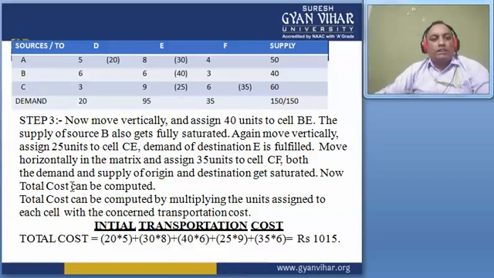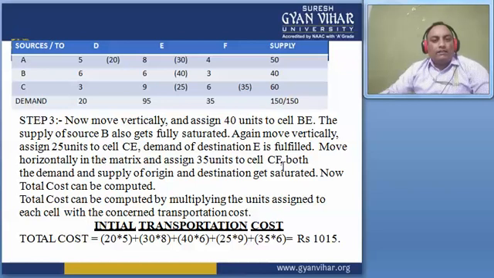Move horizontally in the matrix and assign 35 units to cell C and F. If you subtract 60 minus 25, you get 35, and the location for the 35 is cell CF.